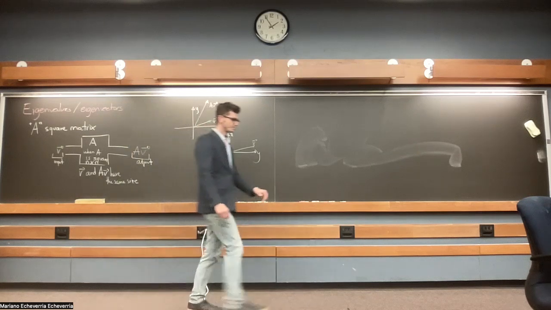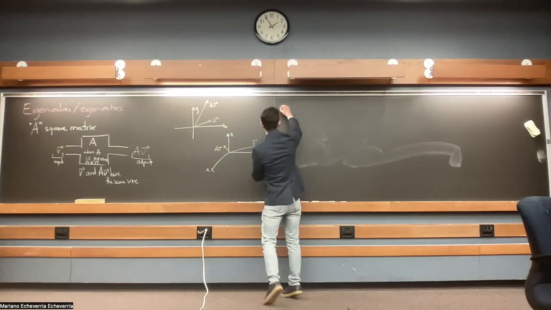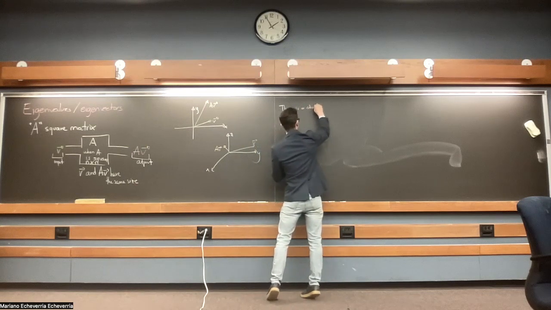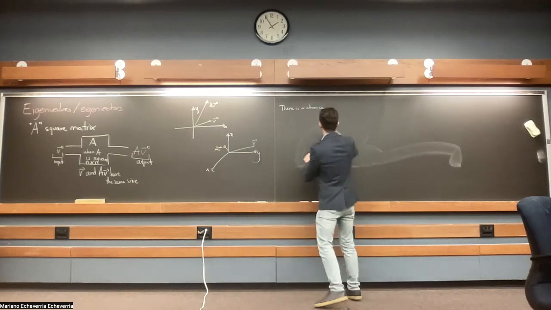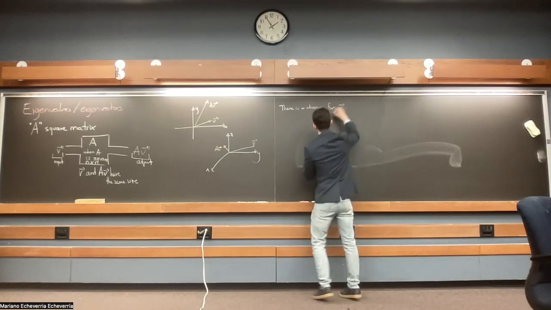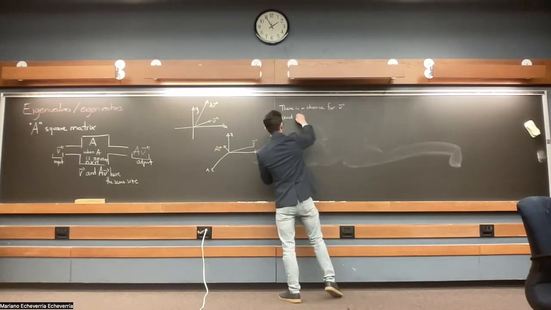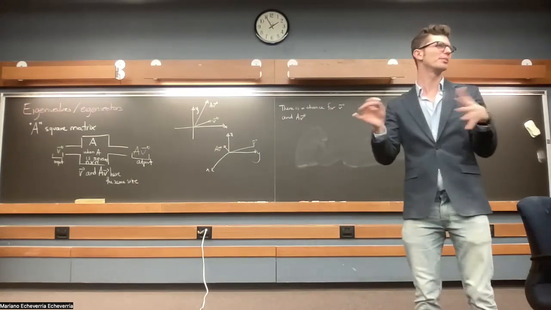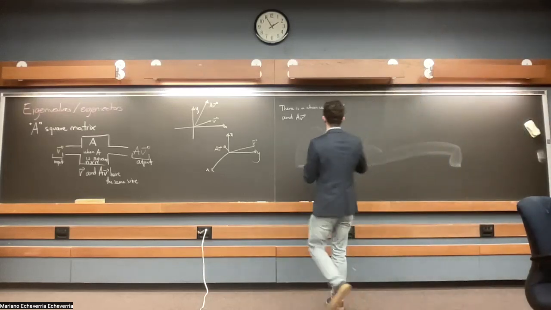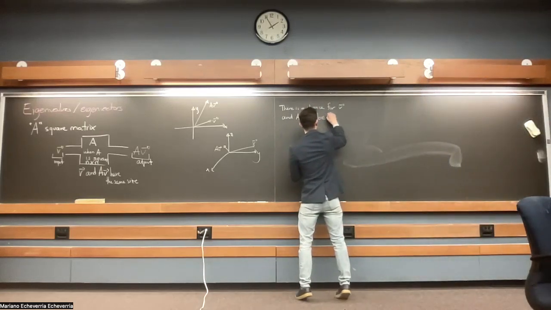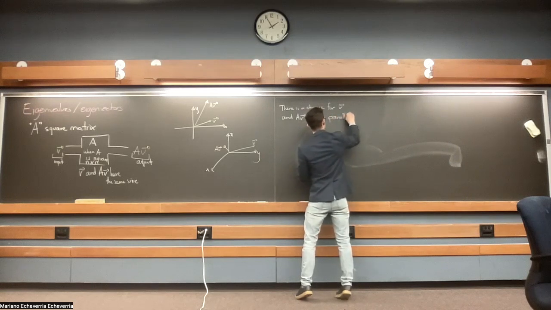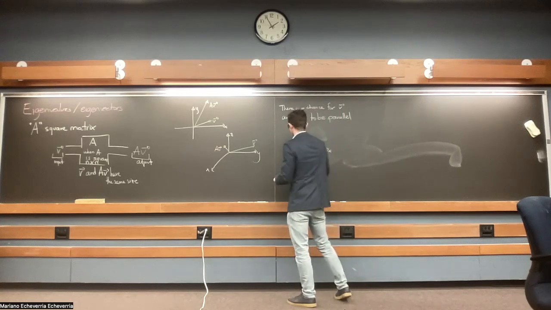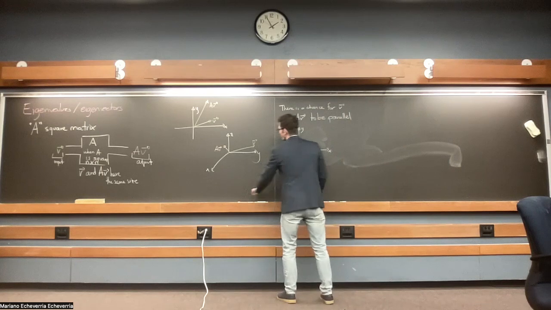So there is a chance for b and Ab to point in the same direction. Well, not so much to point in the same direction. What I really mean is for them to be parallel. So what happens when they are parallel? Just to do some pictures before writing these more algebraically.